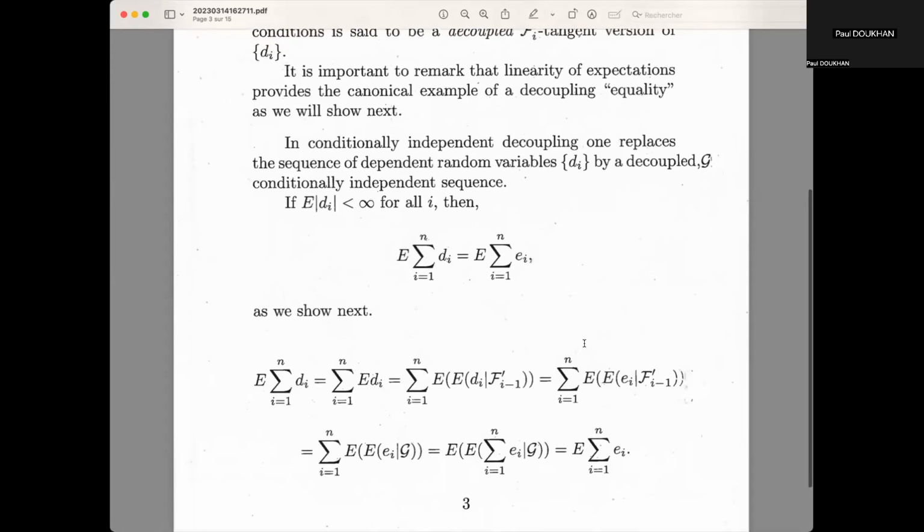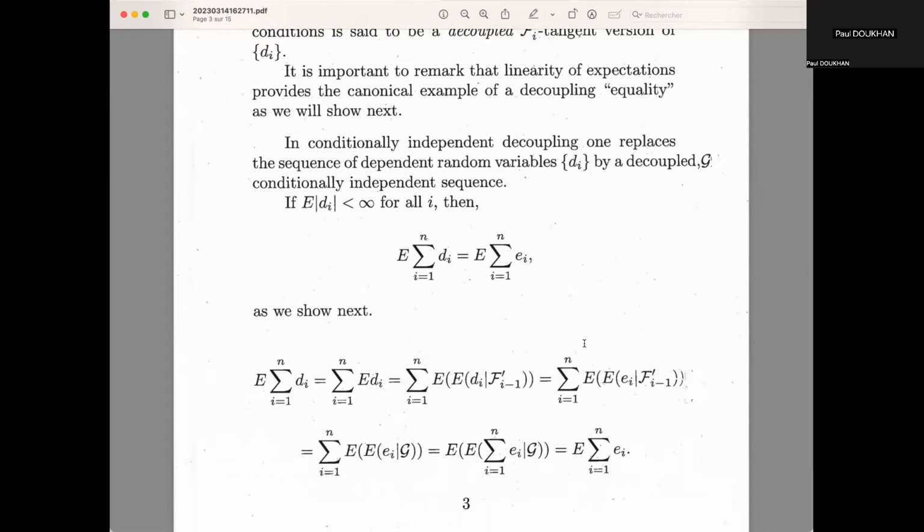in this, these are the D sub i's, which are arbitrarily dependent, and these are the E sub i's, which are conditionally independent. So I'm going to show you that linearity of expectation is the first decoupling inequality. So linearity of everything goes back to linearity of expectation as far as decoupling is concerned.